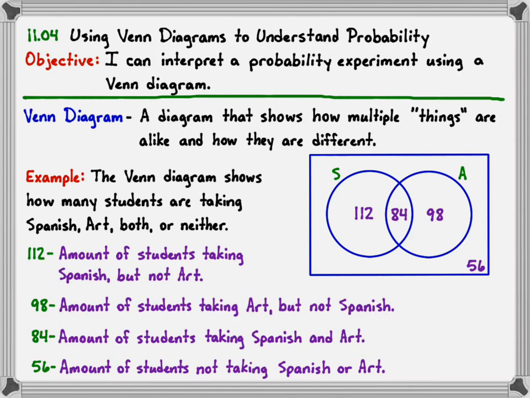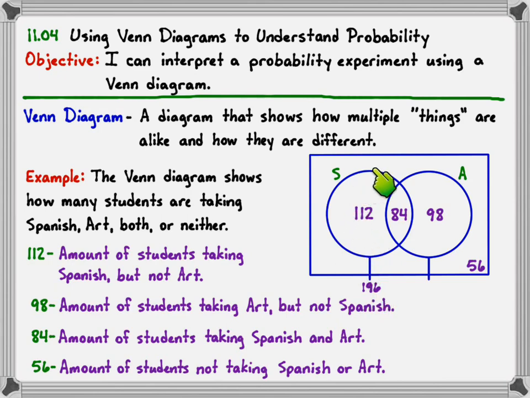Now, we can add to this Venn diagram 2 lines, and I think this is beneficial. If you notice here, I drew 2 lines that are going down from the circles. Normally, we don't see a line in a Venn diagram, but this helps us understand what's going on with the Venn diagram.